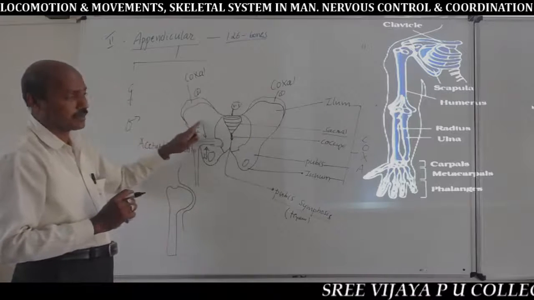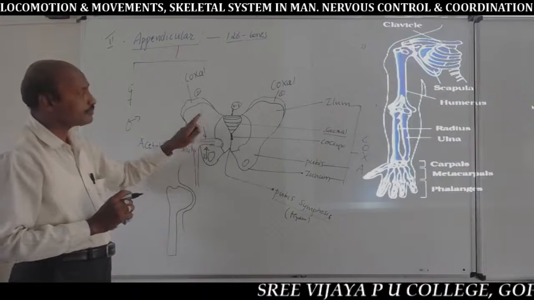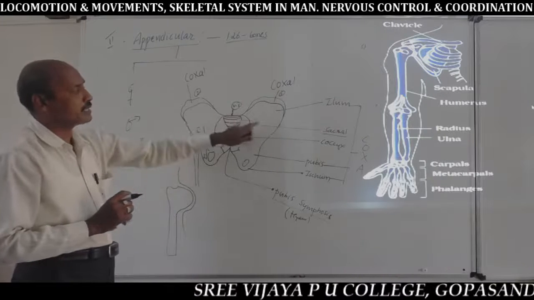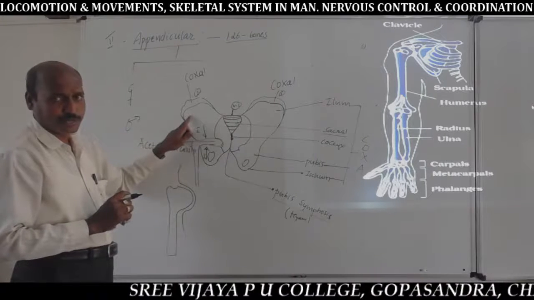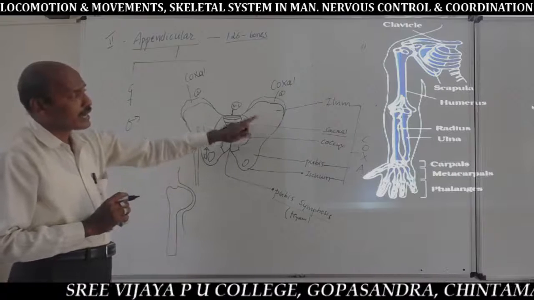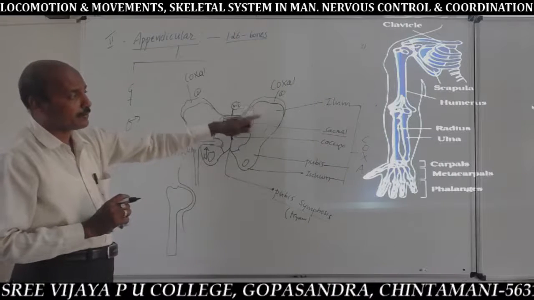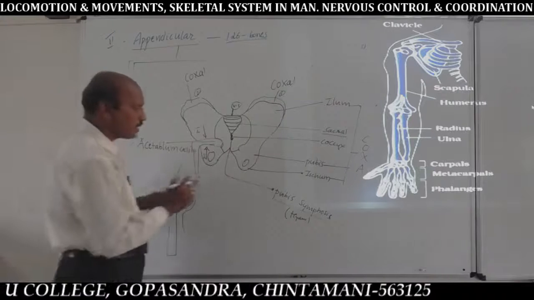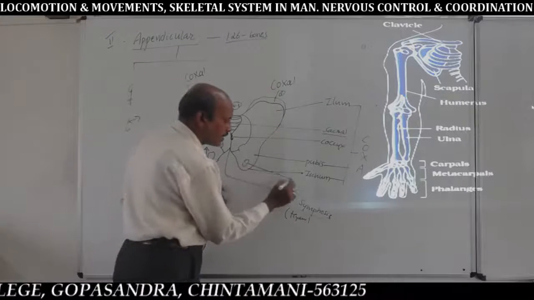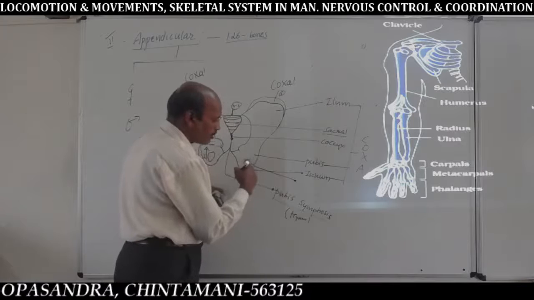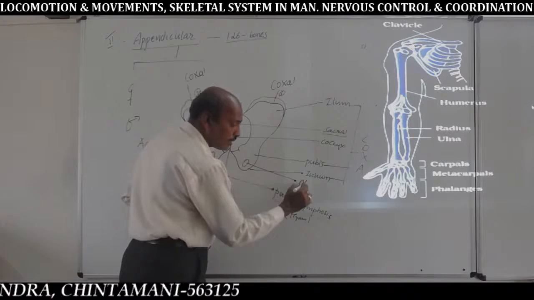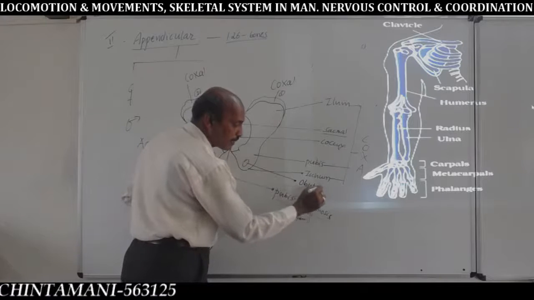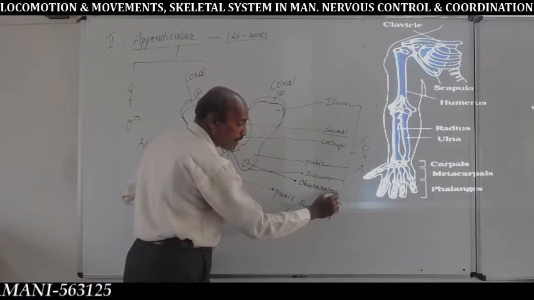So you should remember important points. Each pelvic girdle consists of two coxal bones, and each coxa has three parts: upper ilium, middle pubis, and lower ischium. Very important. The ischium is enclosed by a space called the obturator foramen.